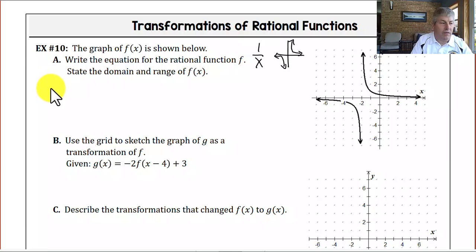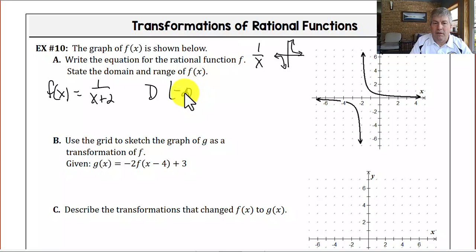So this f of x is just 1 over x plus 2, because we have a vertical asymptote at negative 2.